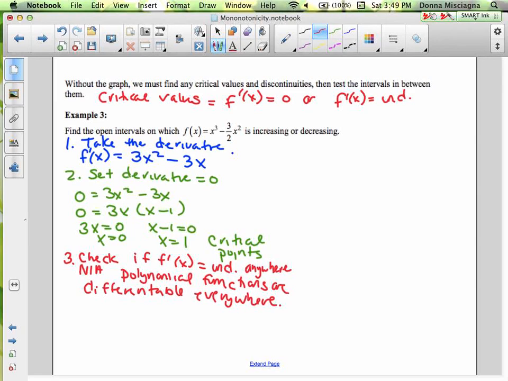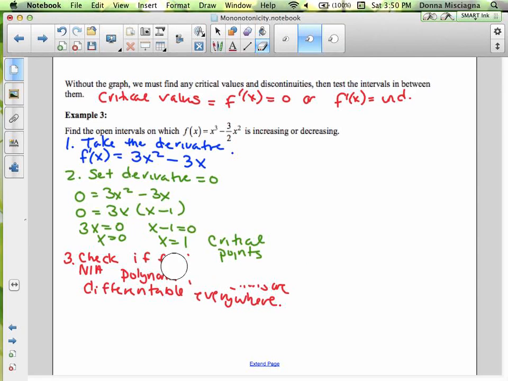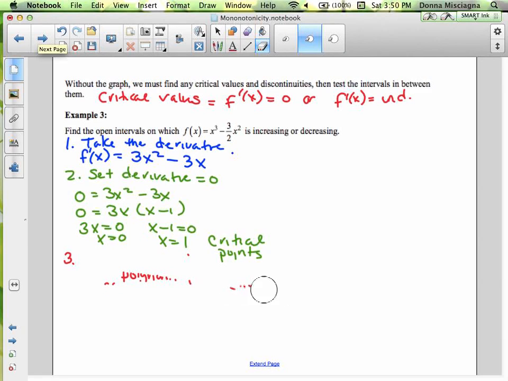And it may not seem like an important step, but it really is, because if your derivative is not defined somewhere and you forget all about that, the point might be really important. Actually, let me write this as a nicer sentence. I want to add one more thing to that, and I want to add it at the beginning.